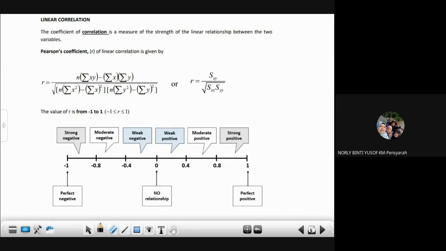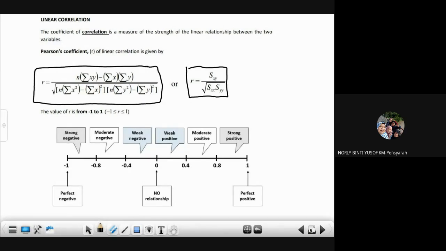Tapi formula dalam learning outcome ini. Okay, tapi formula yang you selalu guna adalah yang pertama. Okay, tapi kalau you tengok dekat list formula, 2 formula ni ada. Okay, so 2 kita guna berdasarkan apa yang diberi, apa yang di given in the questions. Kalau dalam soalan tu bagi X, Y, table semata, kita akan guna yang pertama lah.